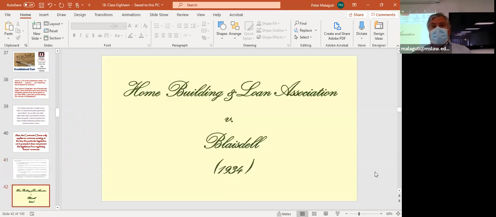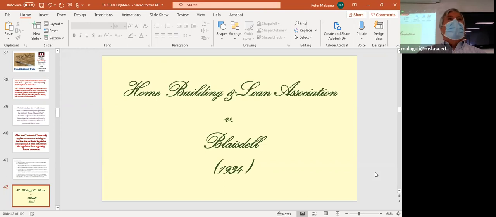Our first case right out of the Great Depression kind of reminds us of being in a pandemic, quite frankly. If you live in Massachusetts, you know that there were moratoria on evictions for tenants who can't pay their rent, and there were moratoria on mortgage foreclosures as well.